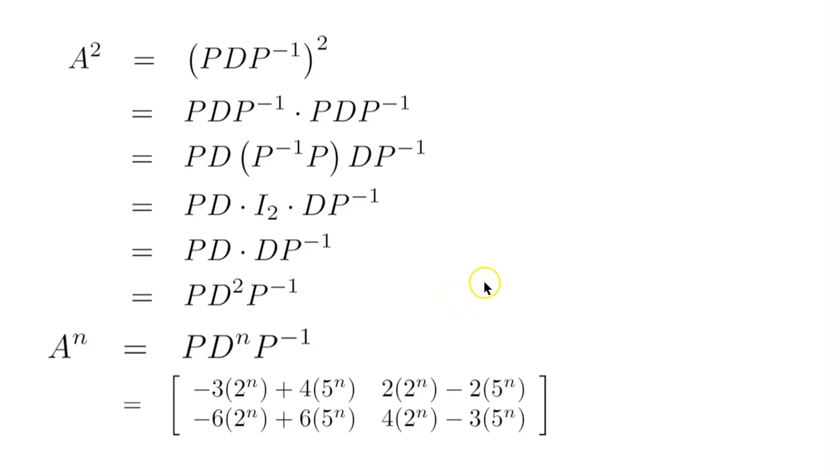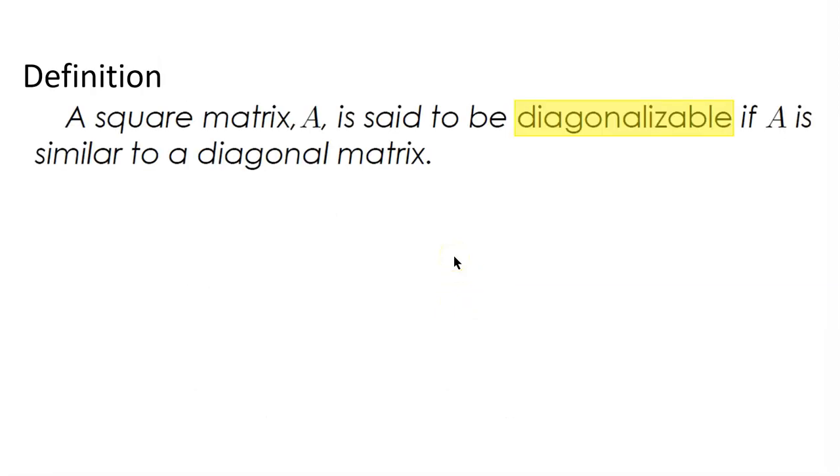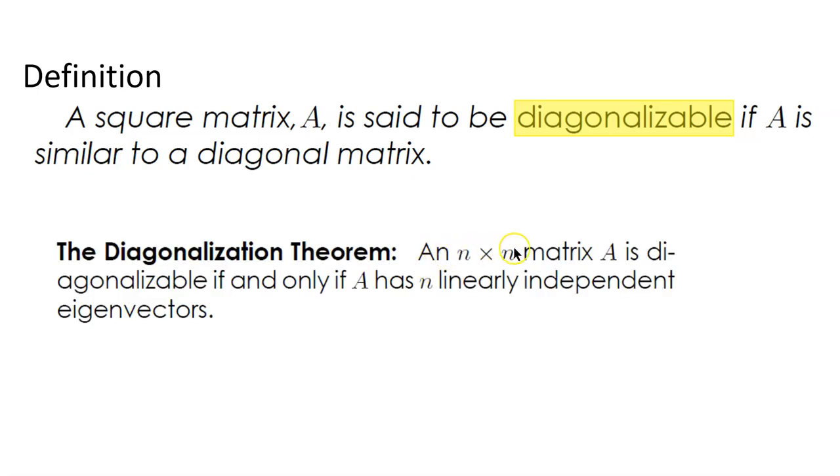Definition. So what does it mean to be diagonalizable? A square matrix A is said to be diagonalizable if A is similar to a diagonal matrix. So that matrix we just played with is diagonalizable. The diagonalizable theorem: an n by n matrix A is diagonalizable if and only if A has n linearly independent eigenvectors. Cool.